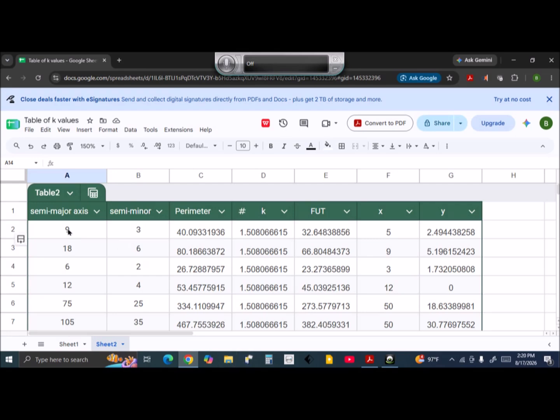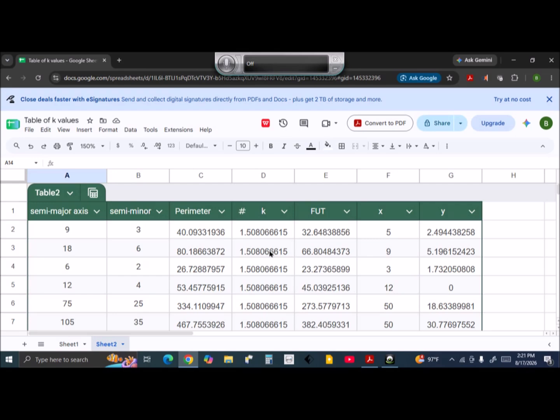We have 9, which is 3 times the semi-minor axis, 3. And when we look at K, it'd be 1.508 and some other numbers. And then we go back, and here is 18, which is 3 times 6. And we get the same value, 1.50806615.